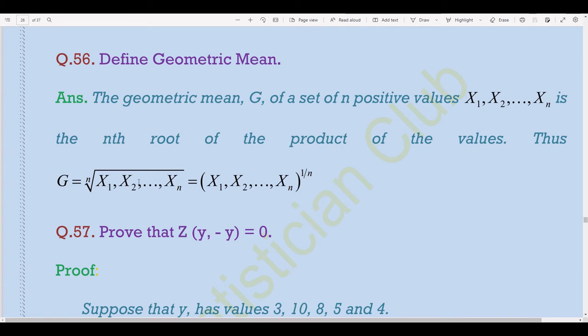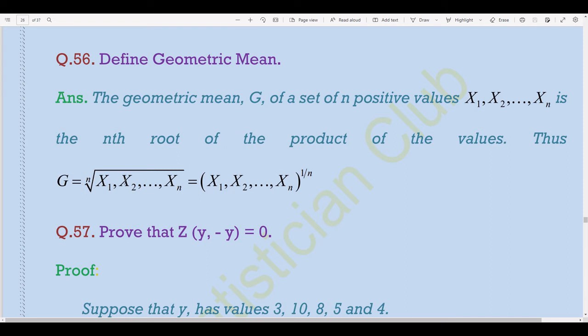You can learn the definition from the mathematical formula. Or in other words, the nth root of the product of values is called geometric mean.